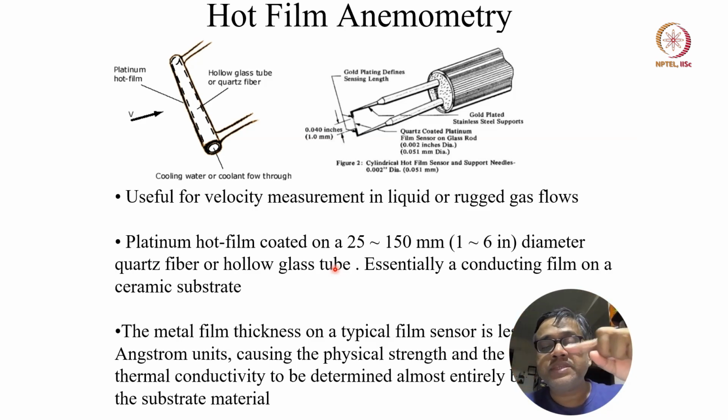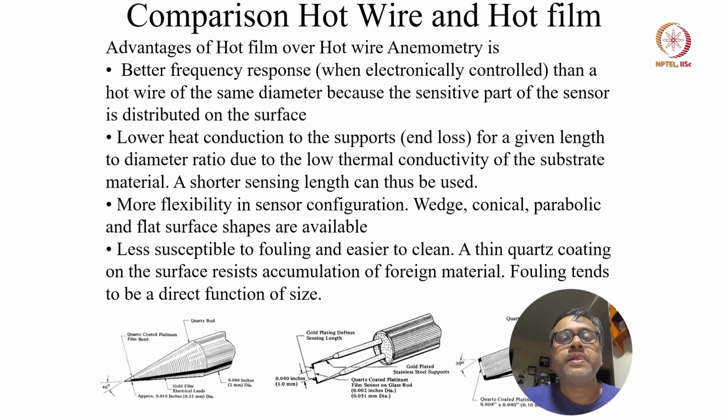So you're coating the ceramic substrate with a metal film. The metal film thickness is of the angstrom levels, which gives it physical strength and also gives it the thermal conductivity. Okay, so those are the things that you take care of when you coat the hot wire using this kind of a film. So this is one way of doing hot film anemometry, so to say.